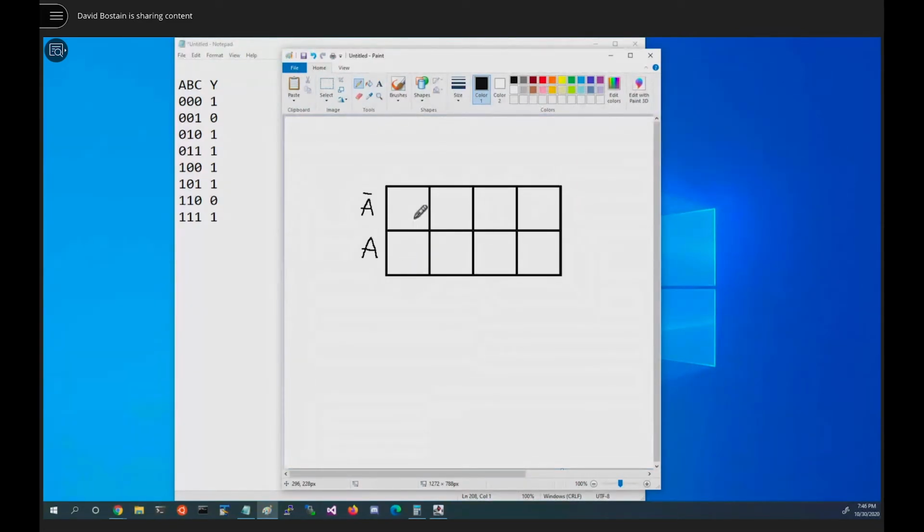Not B, not C. Okay. This would be not B, C. This would be B, C. And this would be B, not C.